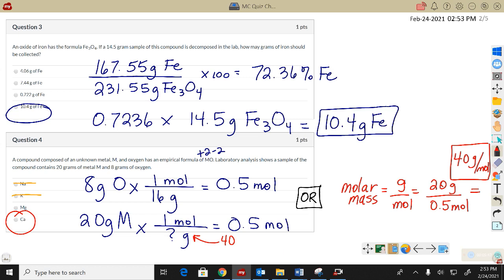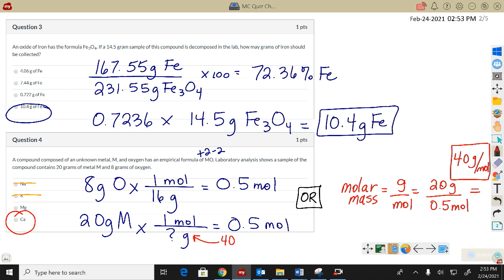Well, I don't know what metal M is, so I can't really convert 20 grams of M into moles because I don't know that molar mass. But I do know the molar mass of oxygen. So I could start with that 8 grams of oxygen. The molar mass of oxygen is about 16, so I could turn that into moles.